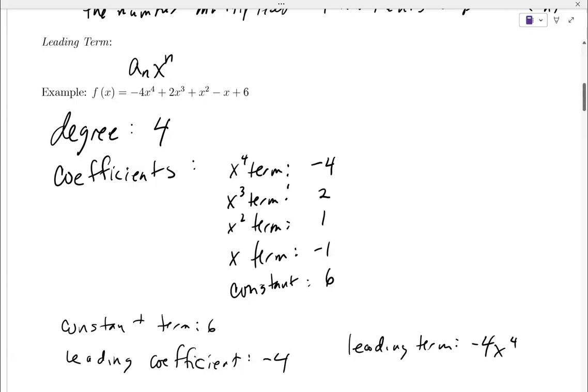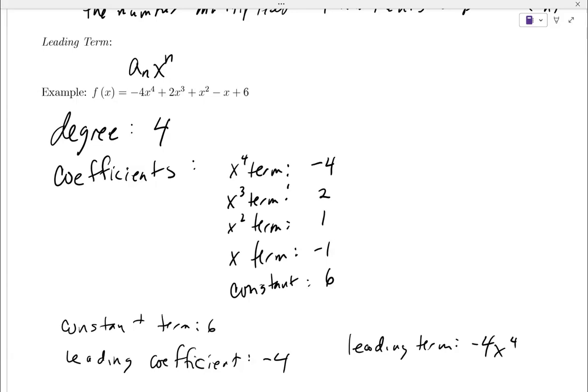Good, that's exactly right. Again, the two big things, the constant term and the leading term, are going to tell us information about the graph in this section.